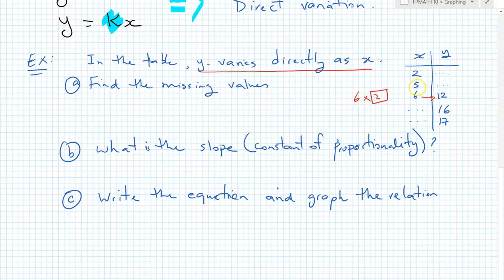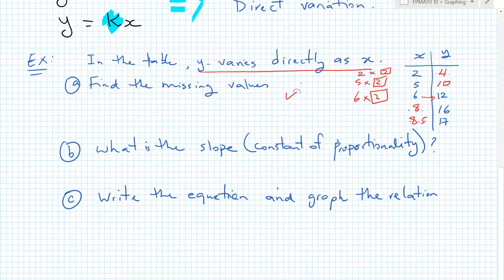That means 5 has to be multiplied by 2, and 2 has to be multiplied by 2. So therefore this is 4, this is 10, and then 16 divided by 2 would be 8, and 17 divided by 2 would be 8.5. And that's how you get the table of values using direct variation.